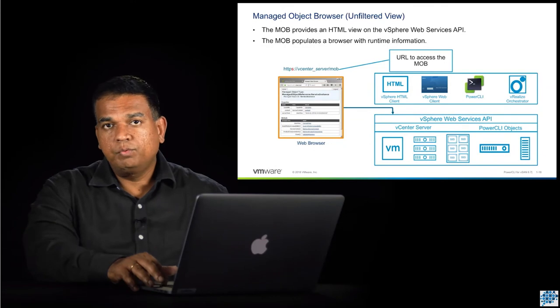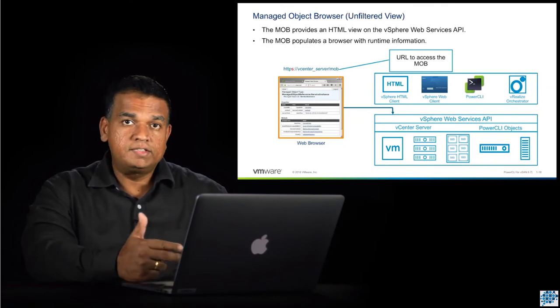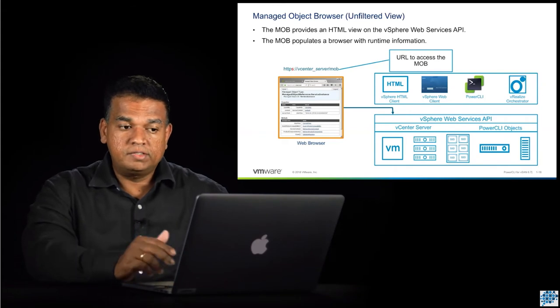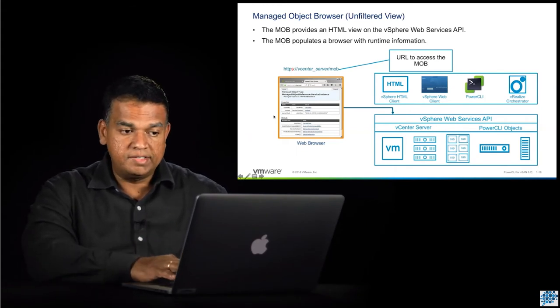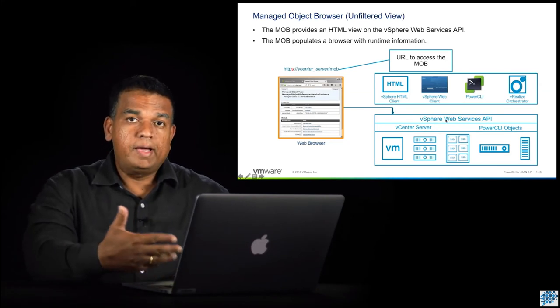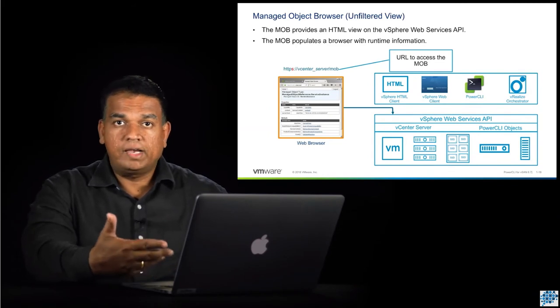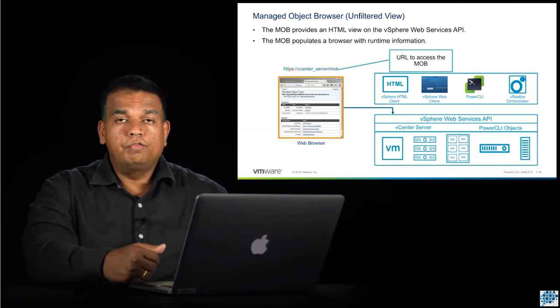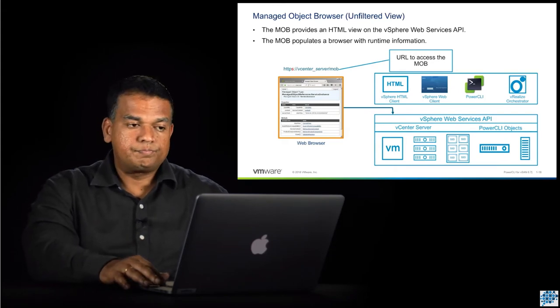When we launch the Managed Object Browser, it is accessing the vCenter database using the vSphere Web Services API. As we can see here, the vSphere Web Services API is the interface, or the connection mechanism, which allows us to access the vCenter database or the vCenter inventory.